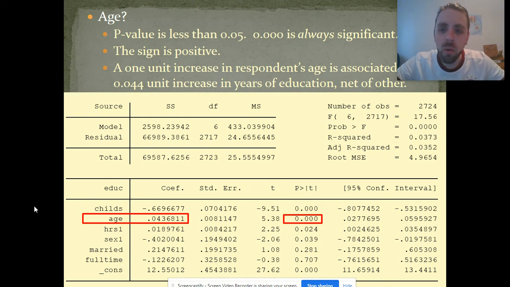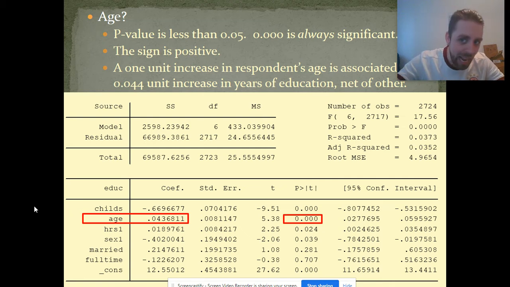So notice how in interpreting here, this is similar from a logical perspective to what we did interpreting number of children. But I changed the first variable reported. And what I mean by that is instead of saying a 1 unit increase in children, now I just said a 1 unit increase in respondents' age.